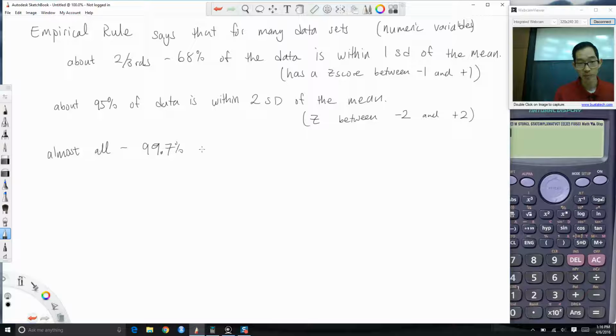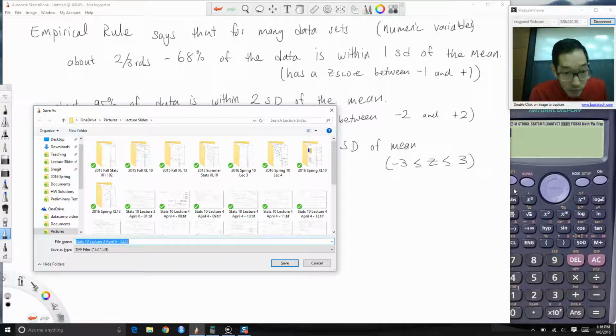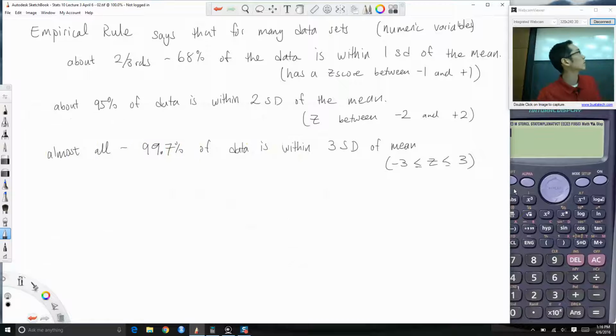99.7% of data is within 3 standard deviations of the mean. Okay, and I'm just going to write. Okay.